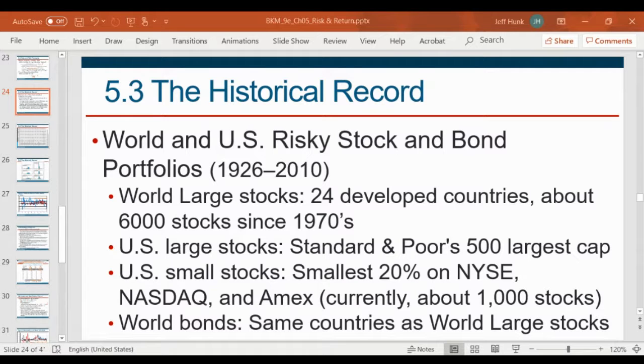I think it stands for Morgan Stanley Composite Index or something like that.